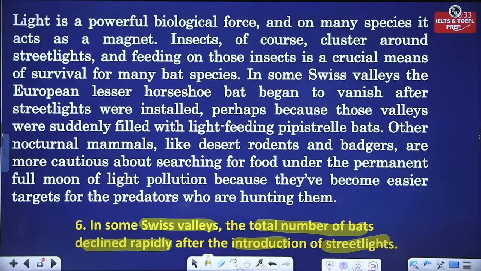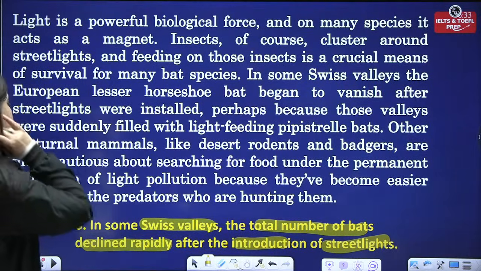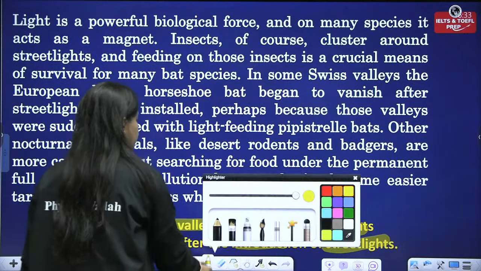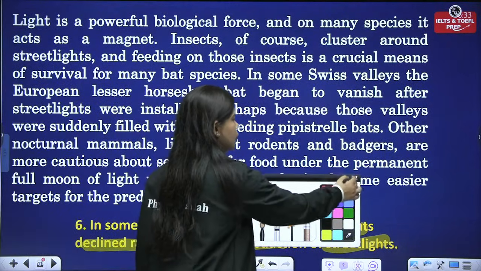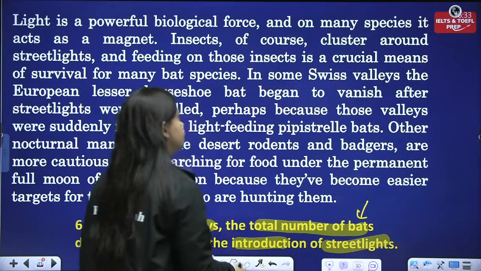All right, let's understand. So I got only 2 answers. What about the rest of you? Okay, here we go. The question is focusing on bats, right?